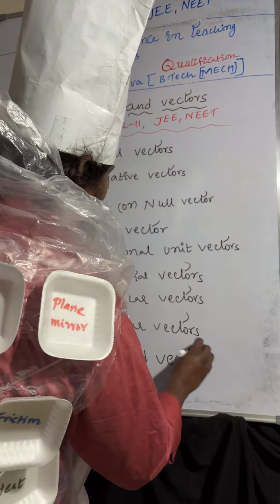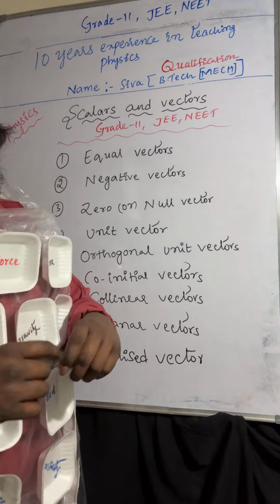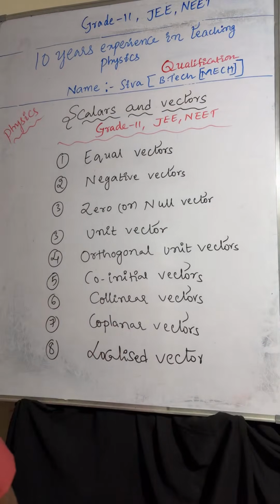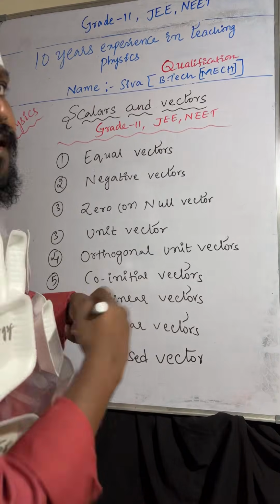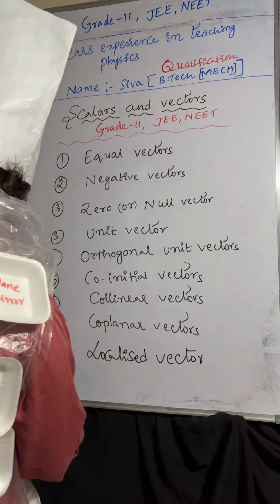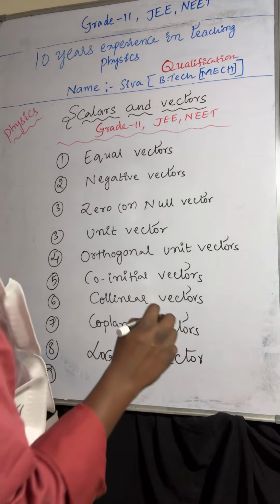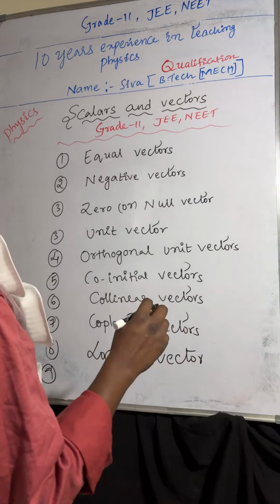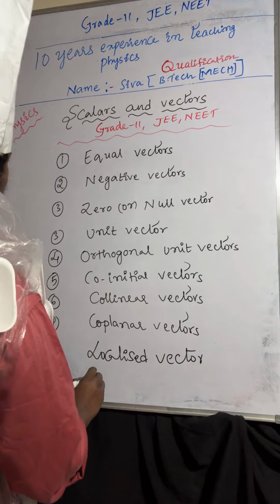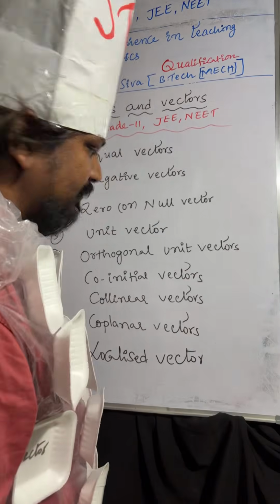Next one is non-localized vector. Localized vector. And coming to the non-localized vector. Okay, non-localized vector.